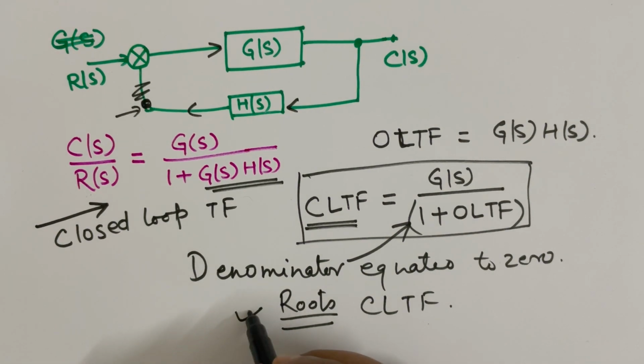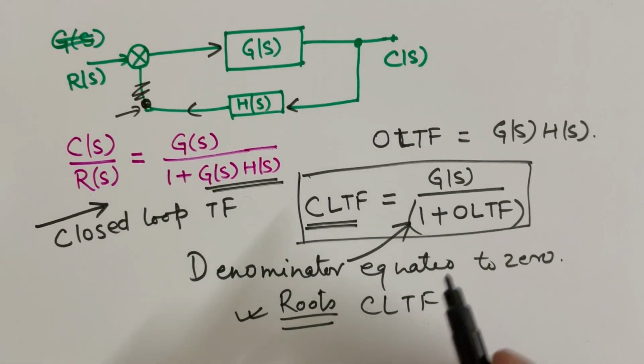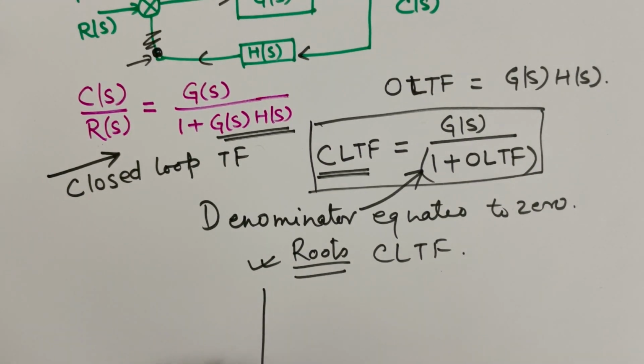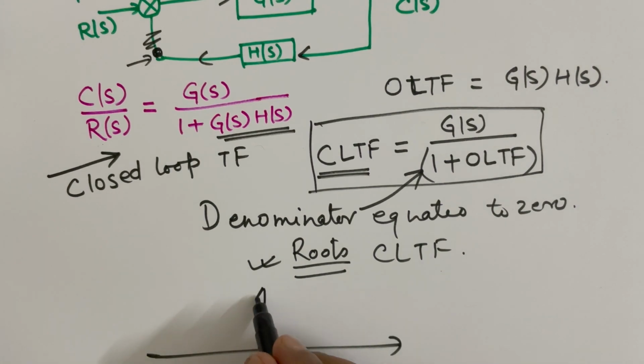So depending upon the roots, we check whether the roots of the system are in the left half of the S-plane. If you have the S-plane, the left half means the roots are negative, or the real part of the roots is negative.